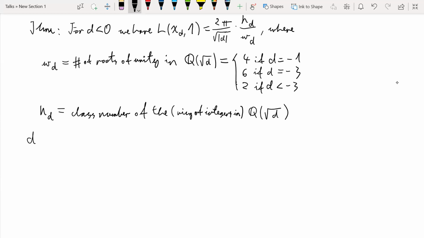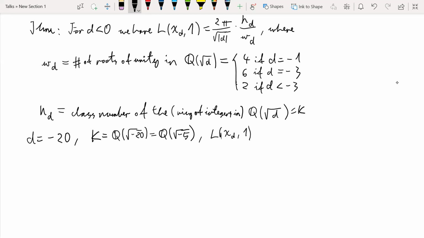So we shall take D to be equal to -20, in which case this field, which I'll call K, is equal to Q adjoin root of -20, or we can just write it as Q adjoin root -5. And in this case, we can explicitly compute that L of chi D at 1 is equal to 2 pi over square root of 20.